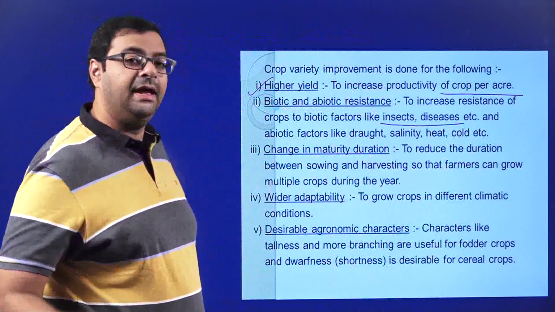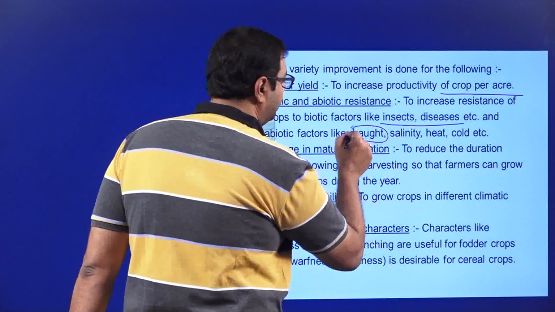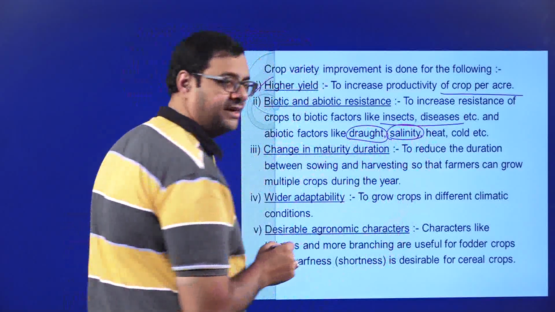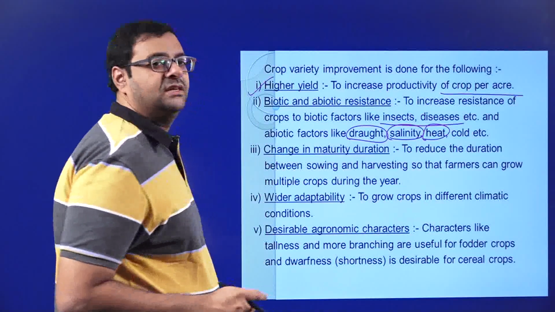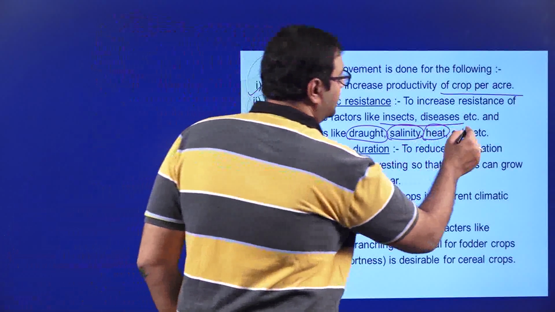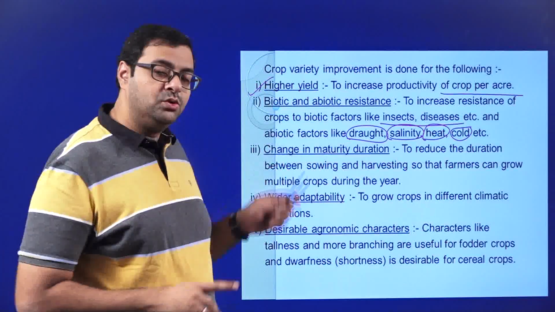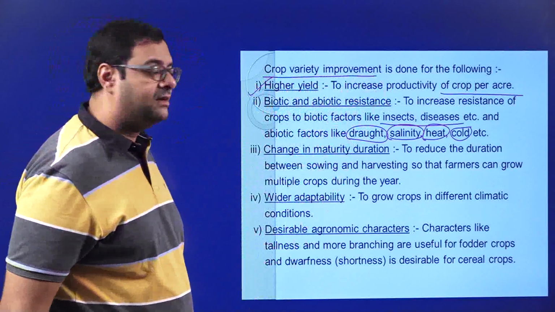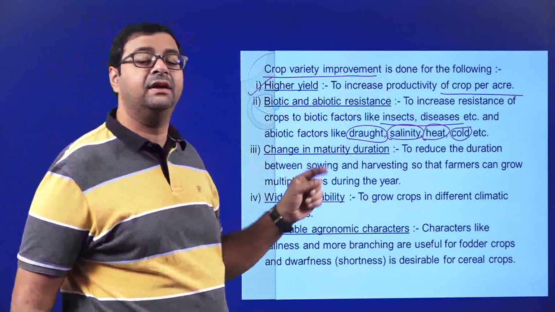And abiotic factors means less availability of water, soil with more salt content, very high heat in the atmosphere, or a very cold atmosphere. So by using crop variety improvement techniques, we can get biotic and abiotic resistance in the plants.